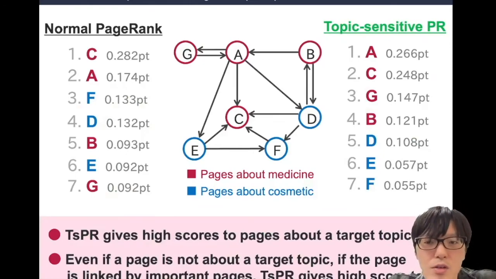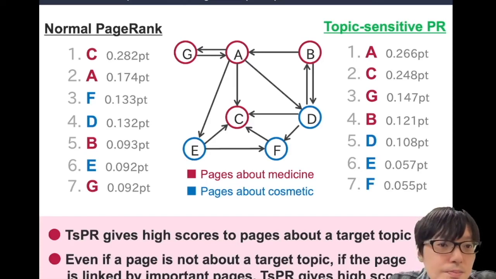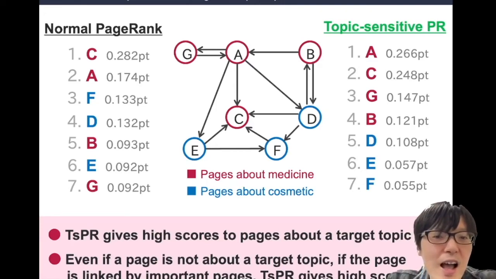Also, even if a page is not about the target topic, for example page D, if important pages about medicine link to this page, the topic-sensitive PageRank gives a high score to the page. So this is about the topic-sensitive PageRank.